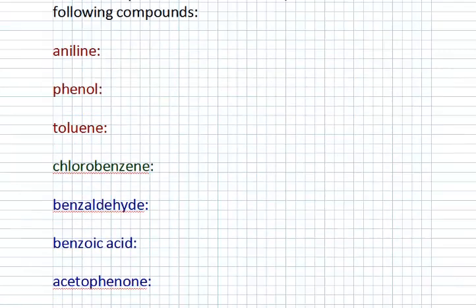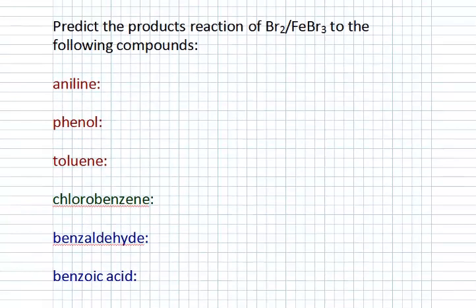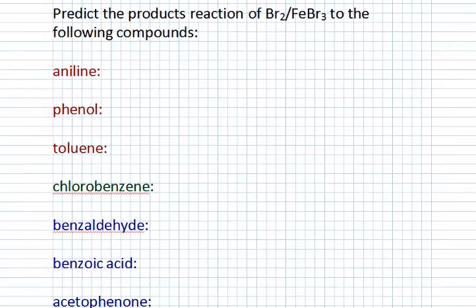Let's predict. Should be able to do this pretty quickly. Predict products of reaction of bromine Br2 with FeBr3. So I'm going to add a bromine to each of these compounds. So let's start out with aniline, phenol, and toluene. Those are all ortho-para directing activators.